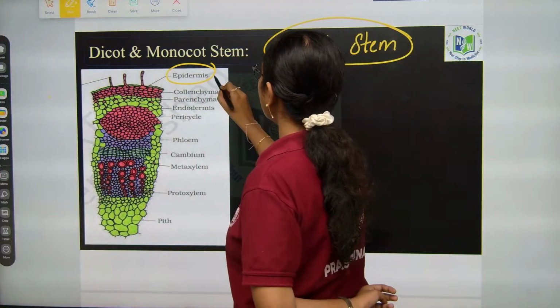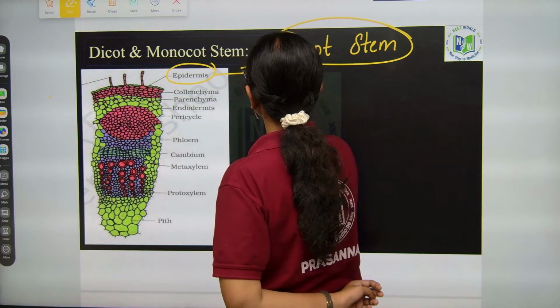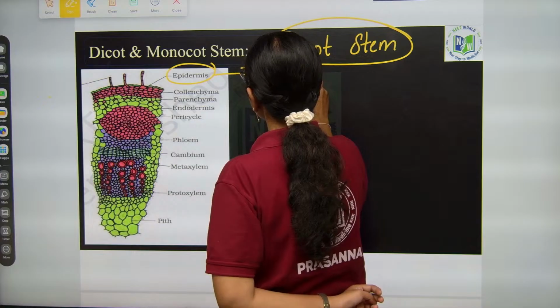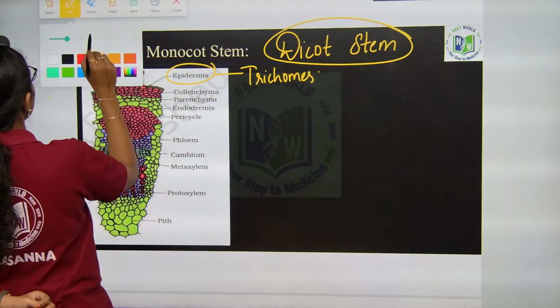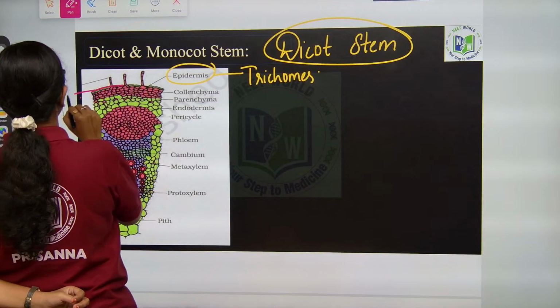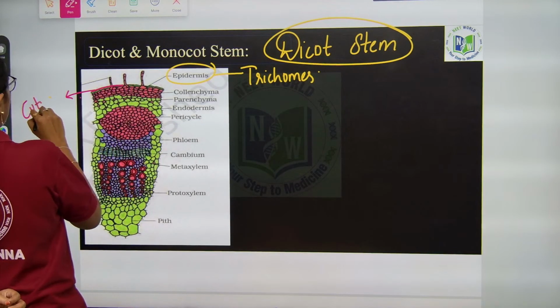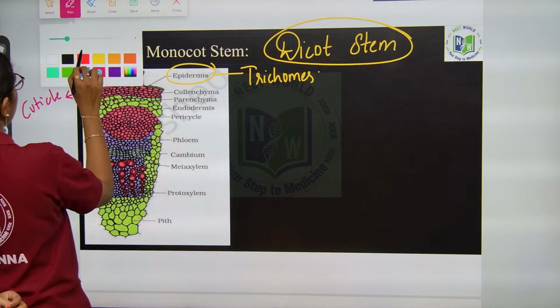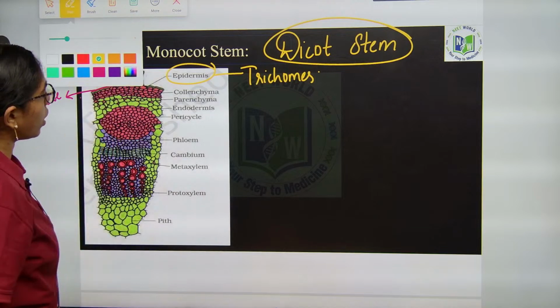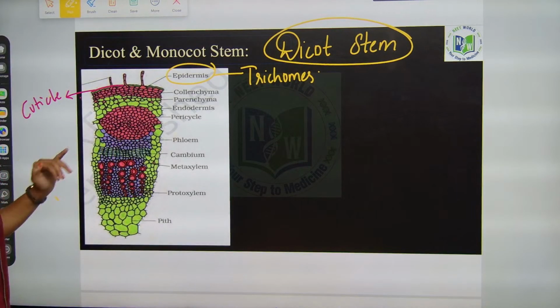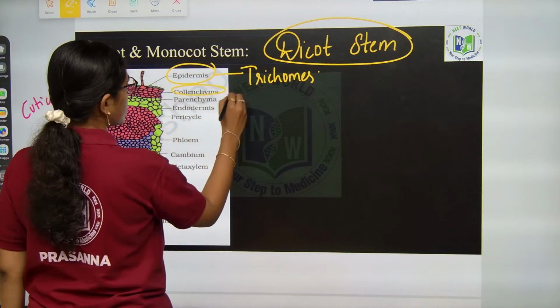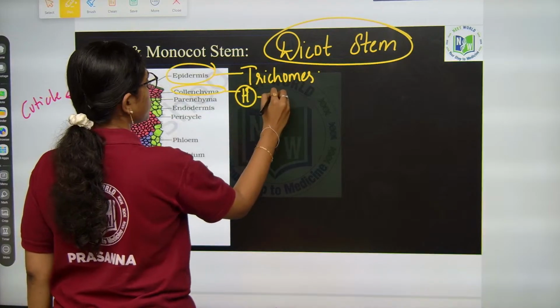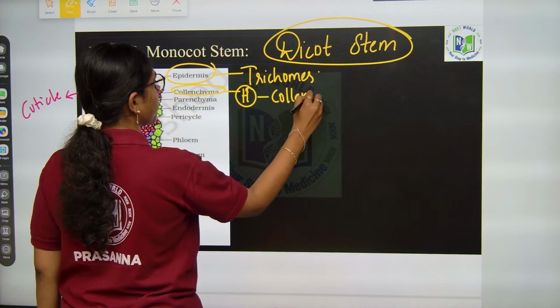Those are called as what? Trichomes. Fine. And here epidermis is covered by what? Thick cuticle. Epidermis is covered by a thick cuticle. This cuticle is impervious for both gaseous exchange and water exchange. Next to the epidermis, we have what? Hypodermis, which is collenchymatous.